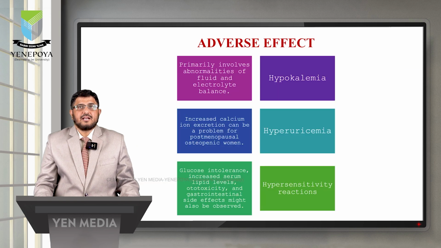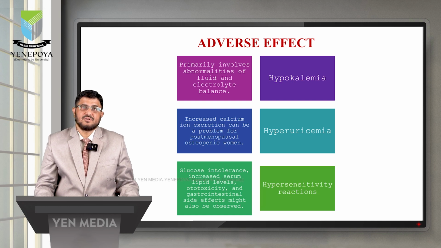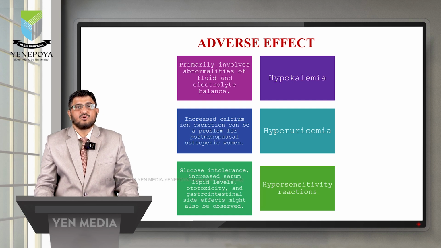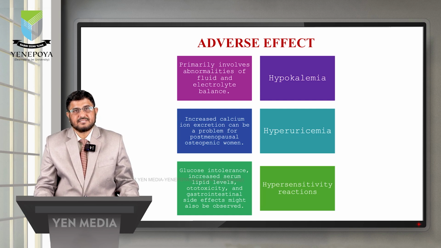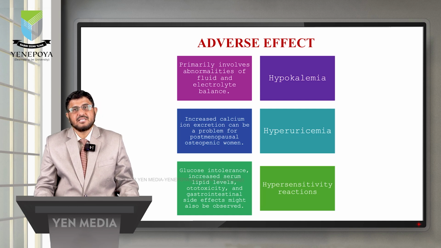The adverse effects of furosemide primarily involve abnormalities of fluid and electrolyte balance. It also increases calcium ion excretion, which can be a problem for postmenopausal osteopenic women, causing osteoporosis. It also causes glucose intolerance, increased lipid levels, ototoxicity, gastrointestinal side effects, hypokalemia, where there is a decrease in the potassium level, hyperuricemia and hypersensitivity reactions.